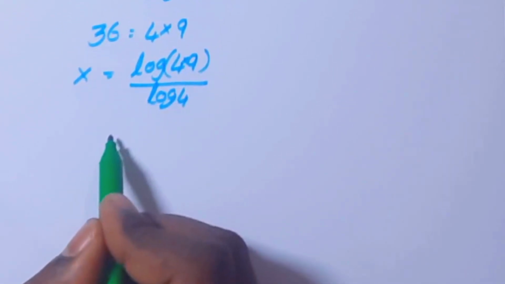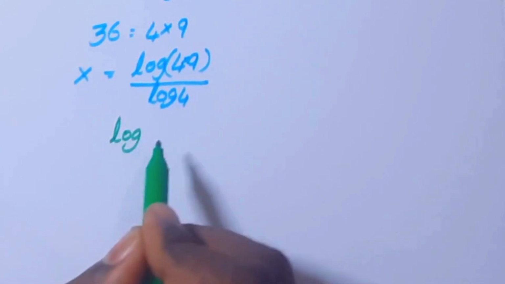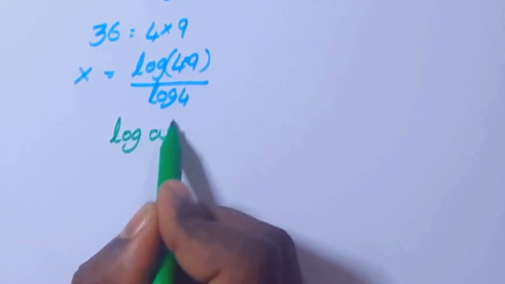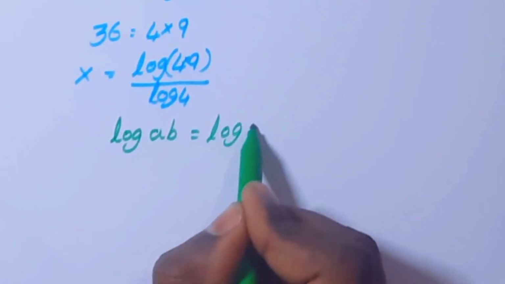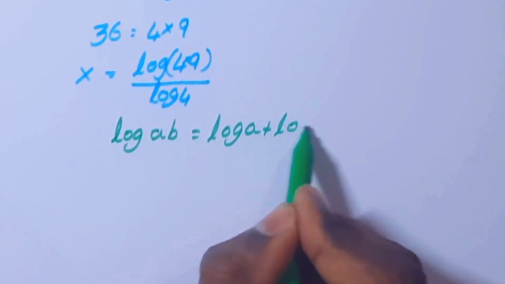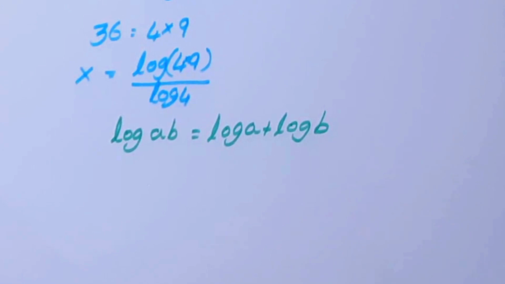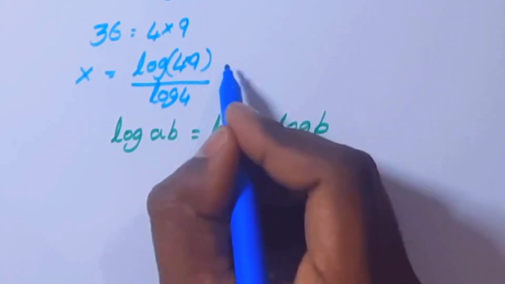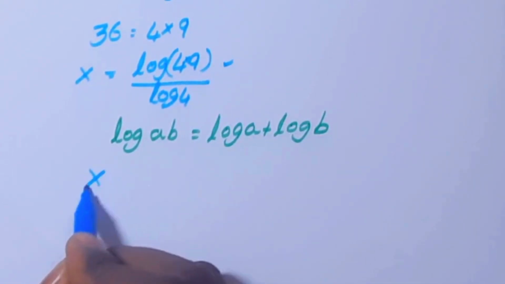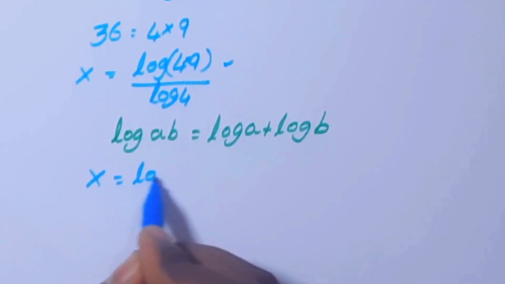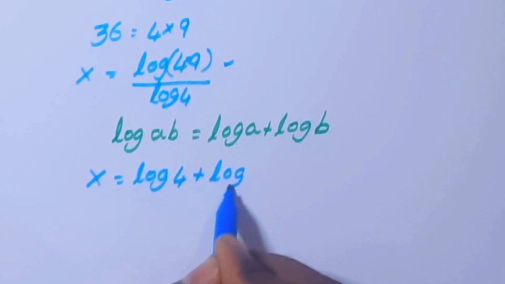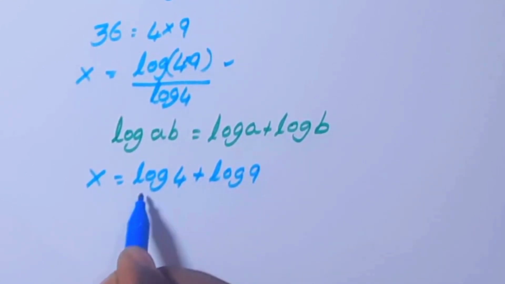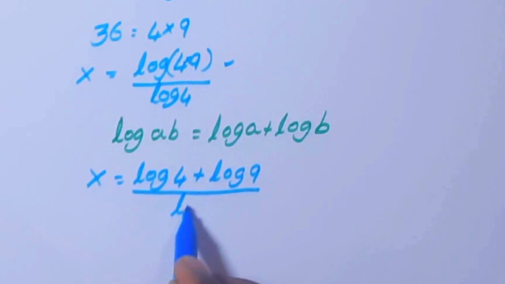We are going to implement this log product formula: log AB equal to log A plus log B. This we are going to implement here. So x equal to log 4 plus log 9 by log 4.